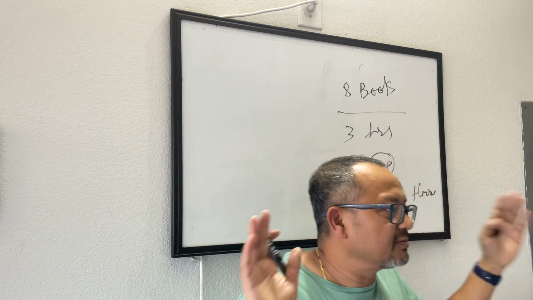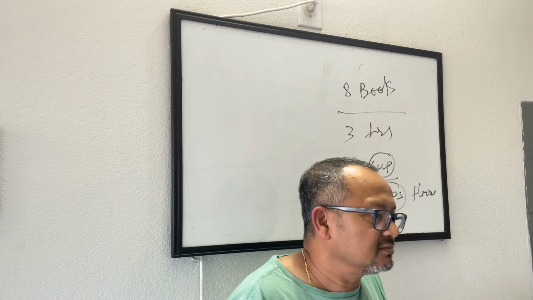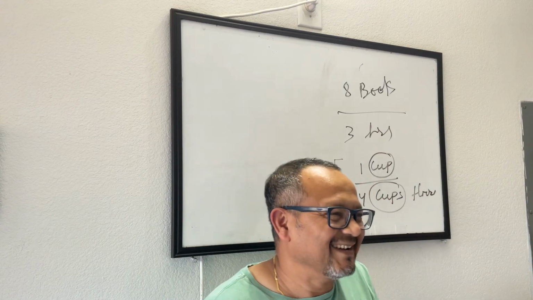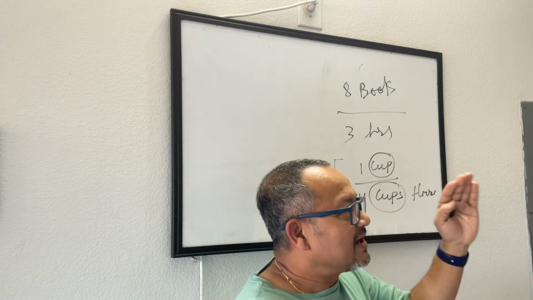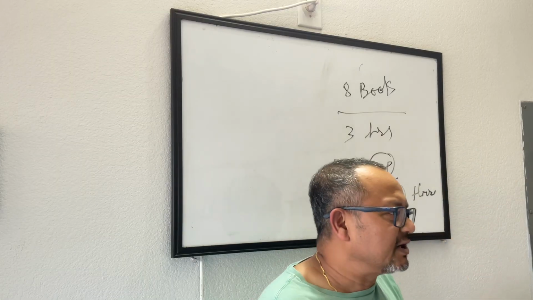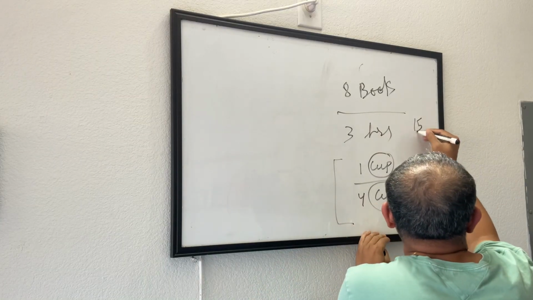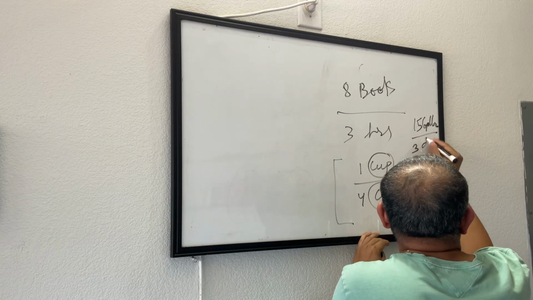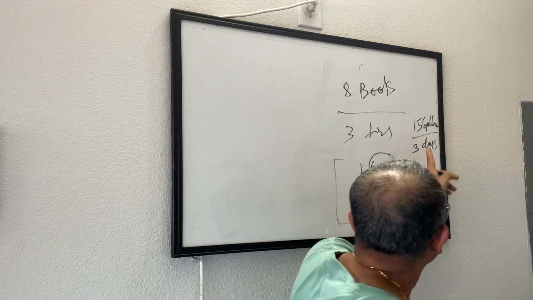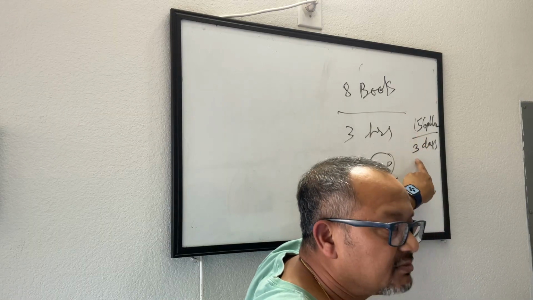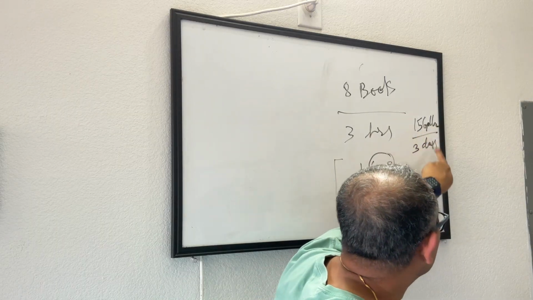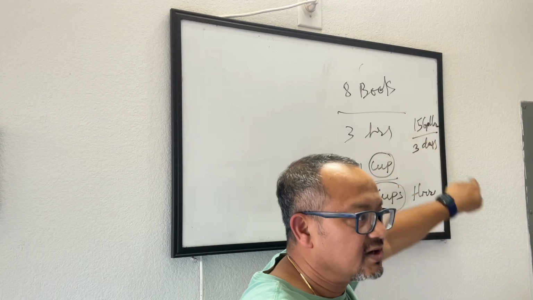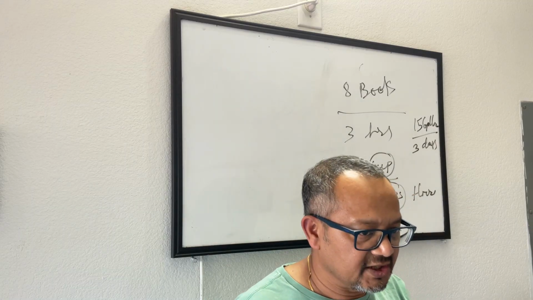I start drinking 15 gallons of milk in 3 days. I'm just making it up. So here also I'm comparing this number with this number, but my units for both the things are different. That is when it turns out to be rate.